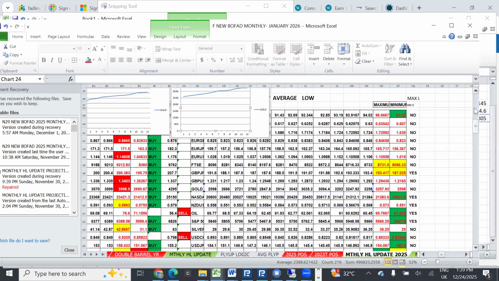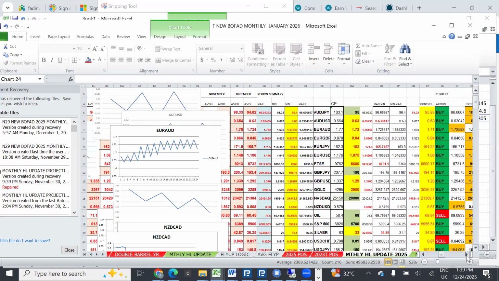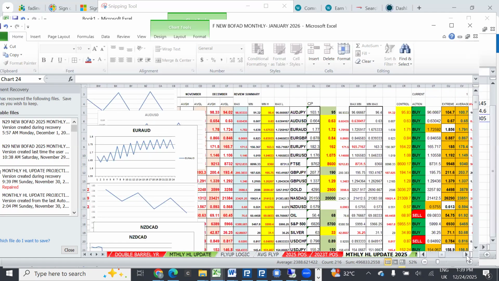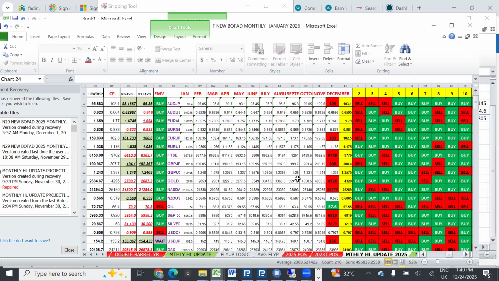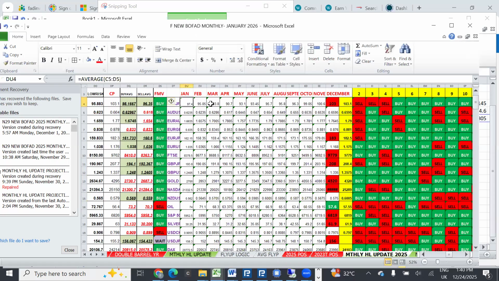So we still have some additional template information on the right side here. This is our average monthly high and low for the month's highest and lowest price, and then it tells us the action to take.